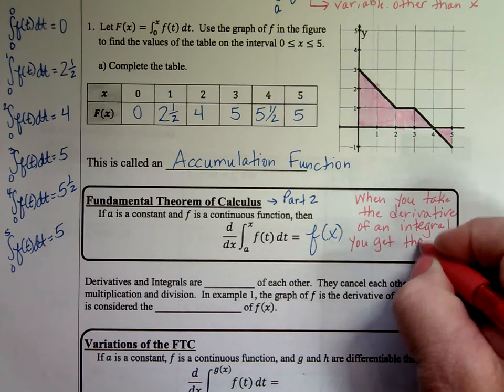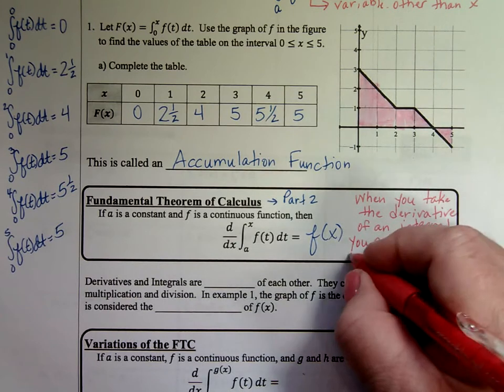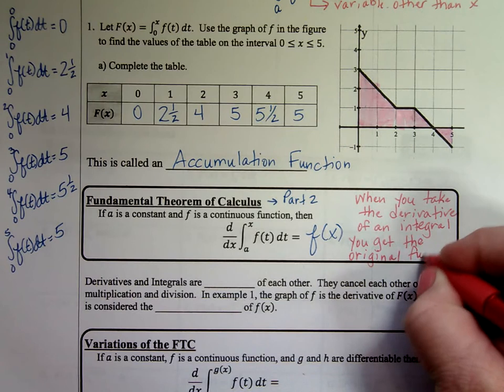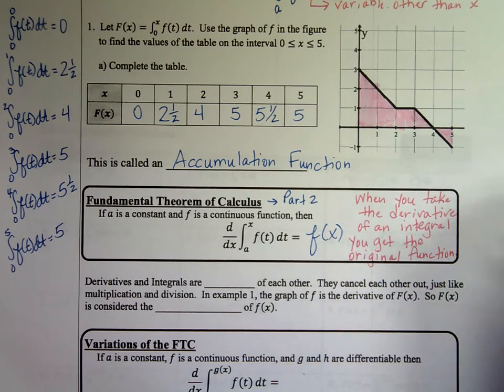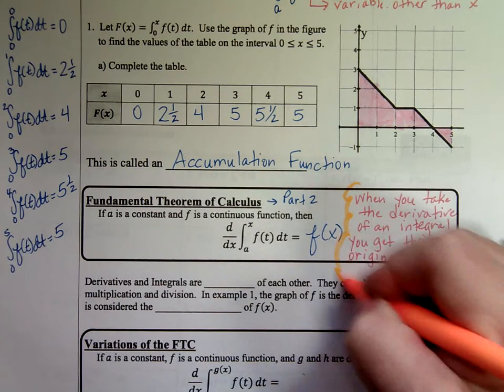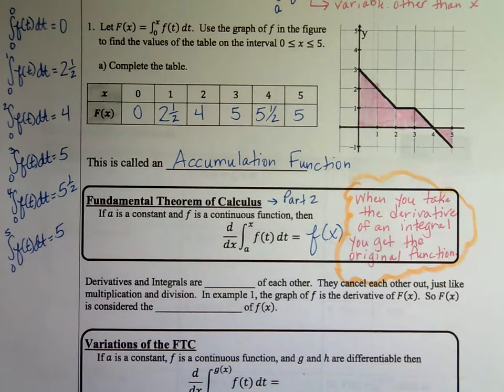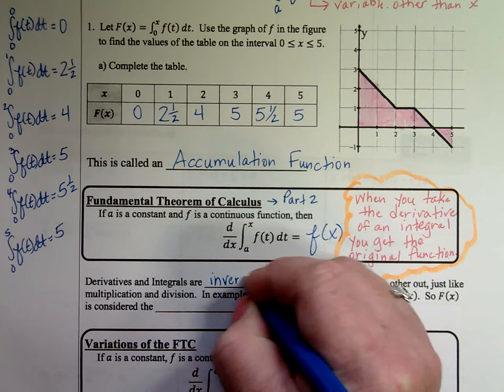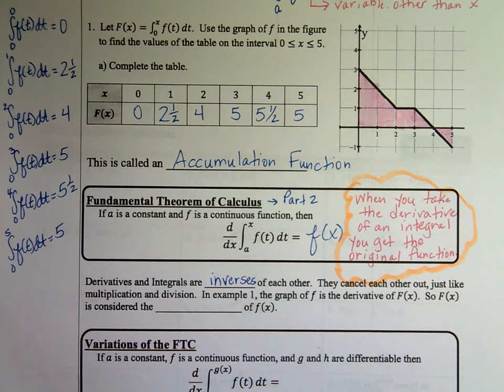You get f of x, the original function. That is a huge concept for you to remember. Important, important, important. Derivatives and integrals are inverses of each other. They undo each other. They cancel each other out, just like multiplication and division.